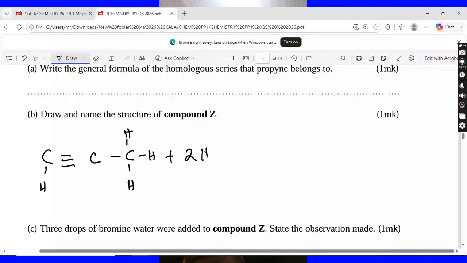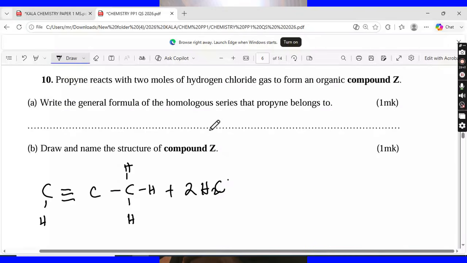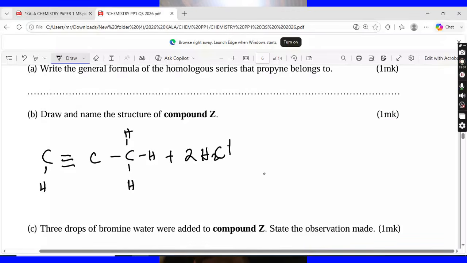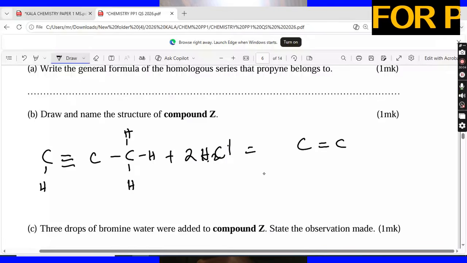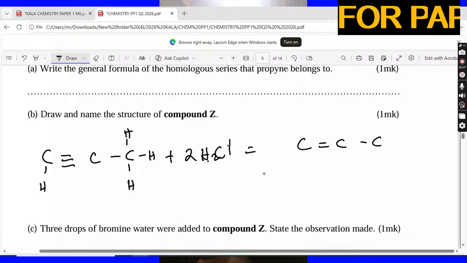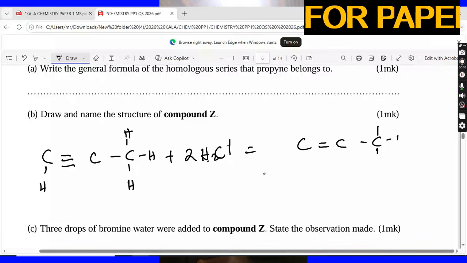When you react with 2 moles of hydrogen chloride, what happens is the triple bond will break twice. The first HCl will break the triple bond to form a double bond between the carbons. Then we will have the hydrogens which were here.